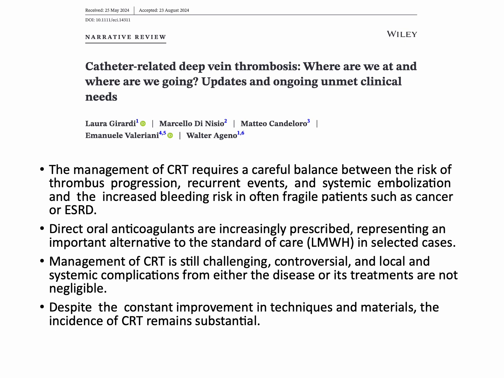They did talk about oral anticoagulants certainly being used more increasingly, and it represents an important alternative to the standard of care, which is low molecular weight heparin, in selected patient population groups. The management of catheter-related thrombosis still remains challenging, it remains controversial, and local and systemic complications from either the disease or its treatments are not negligible.